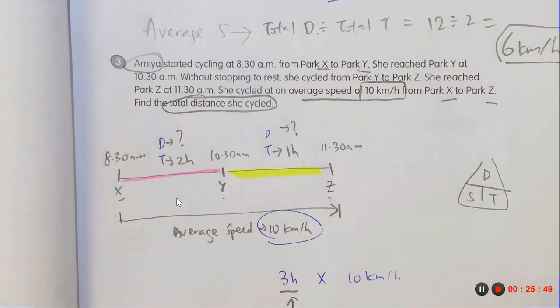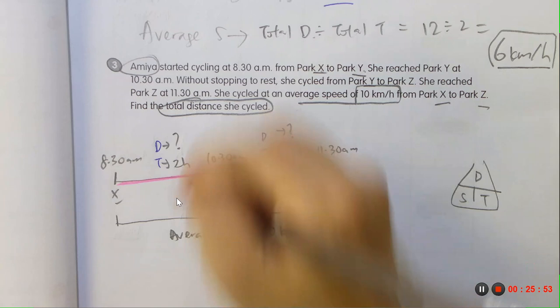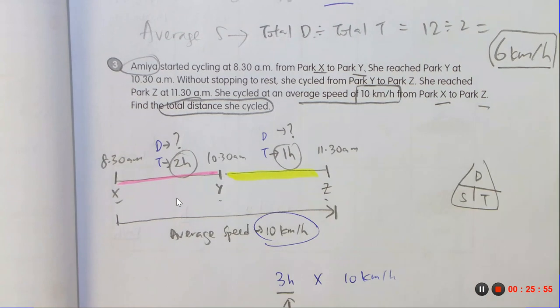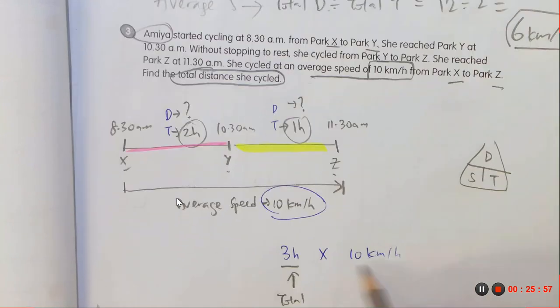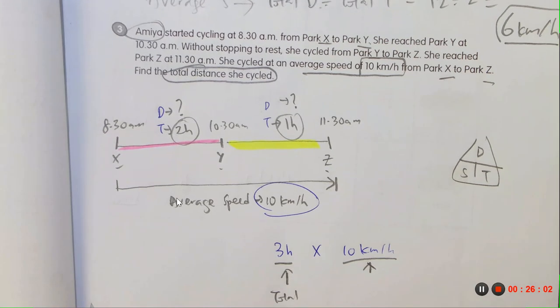That's right. Which is the 2 hours here plus the 1 hour here. And this is, what is this quantity? Very good, that's the average speed.